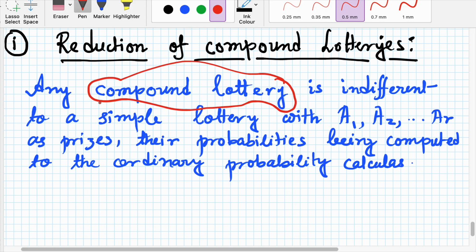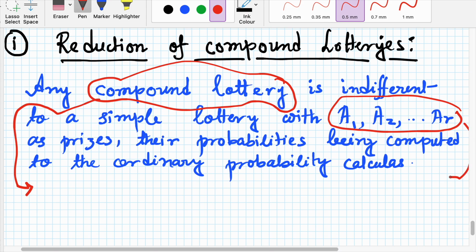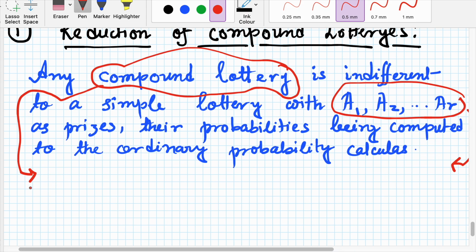Here I have to define what a compound lottery means and what these basic outcomes A1, A2 mean. So suppose L1, L2, LS are S simple lotteries. This is called simple lotteries.